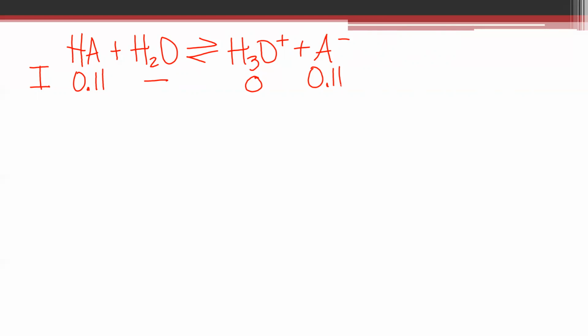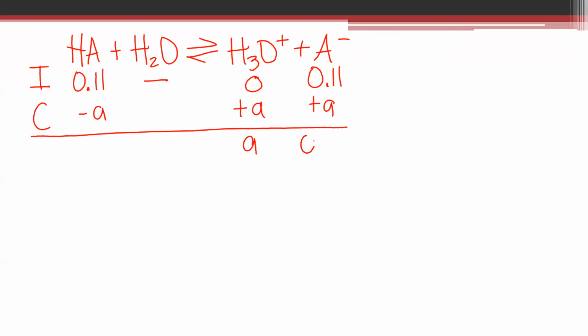And so then our change, this is acid, so I'm going to use an A for that. So at equilibrium, the hydronium will just be A, the conjugate base will be 0.11 plus A, and the acid will be 0.11 minus A, okay?